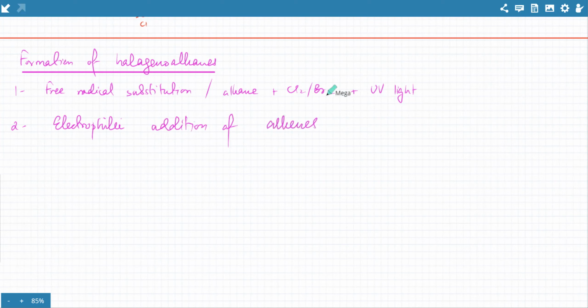Electrophilic addition of alkenes would lead to halogens in the carbon chain, like bromination, or you could add HCl, etc. So we did all these reactions where halogens would get added to alkenes. Now the third one that we're going to talk about is number three, from alcohols: nucleophilic substitution of alcohols.